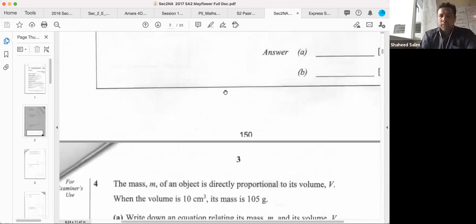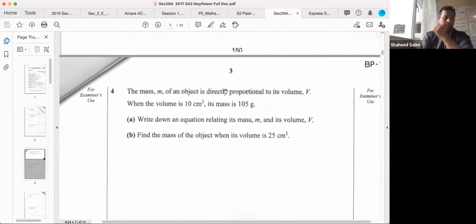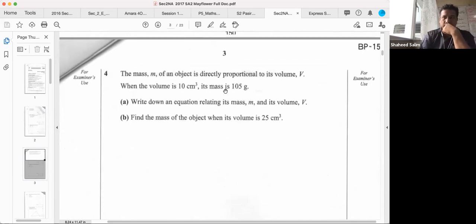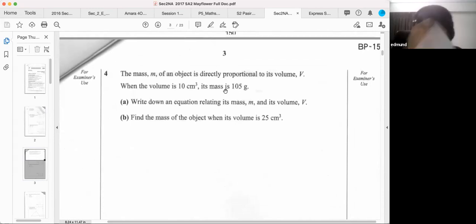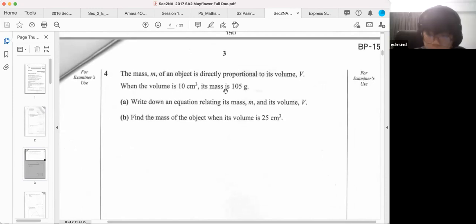So we move on, this one is now direct proportion. M equals to K. M equals to KV.